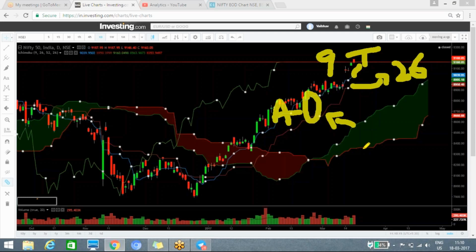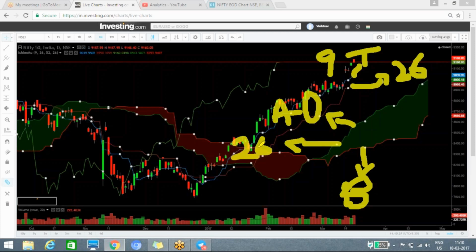This is span A. Now this is span B. What span B is doing, and what span A is doing, is just plotting the average 26 periods after, shifting the plotting to 26 periods in the future. Just plotting, not predicting.